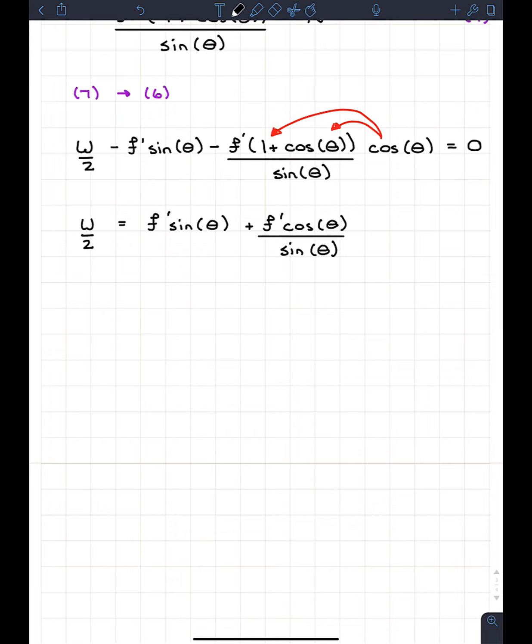And then plus f prime, and then we have cosine theta times cosine theta, so we're going to have cosine squared of theta divided by sine theta.